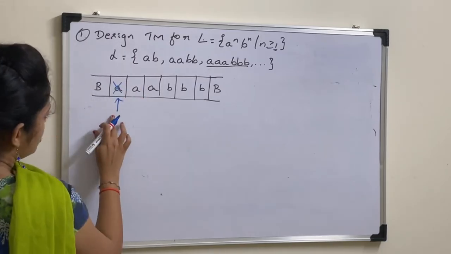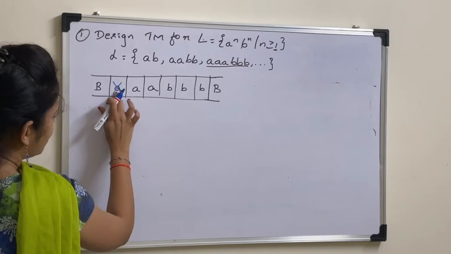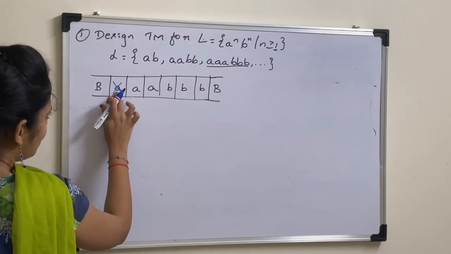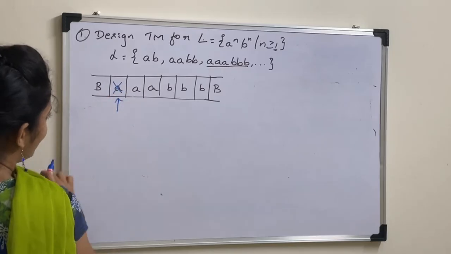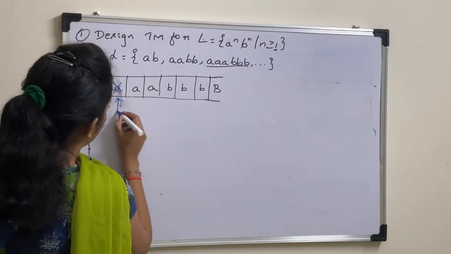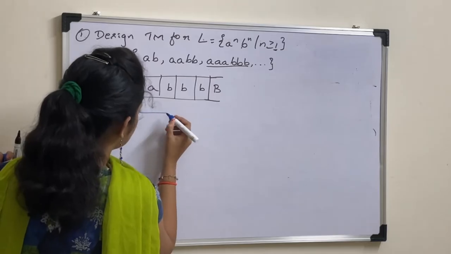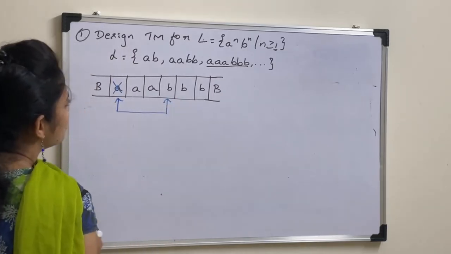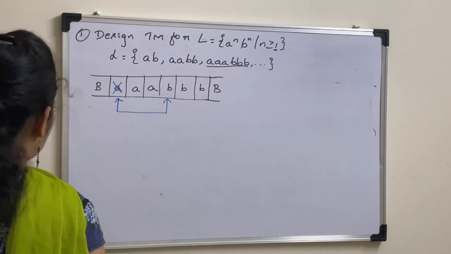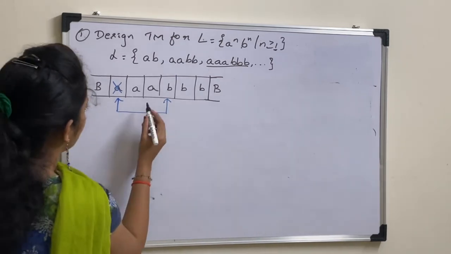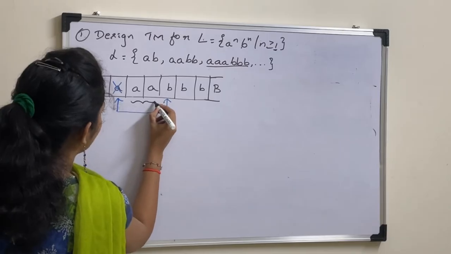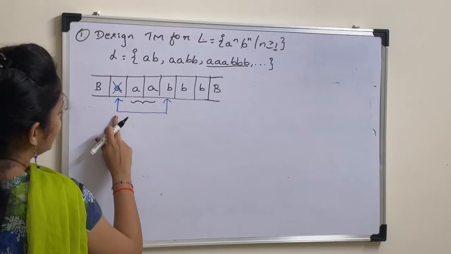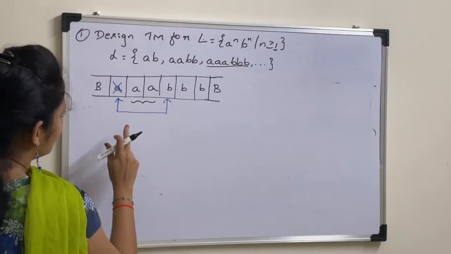First, your tape reader is pointing to the first input symbol in the tape. So on reading A in the input tape, you need to mark that A with X. After this, you need to move towards the right side until you get the input symbol B. Here we are not performing any operation on the A's. Remember, we read only one symbol at a time.